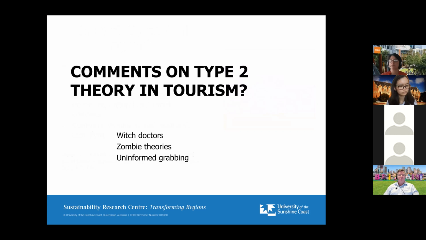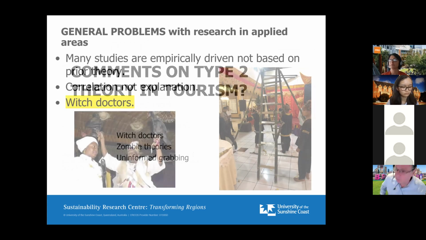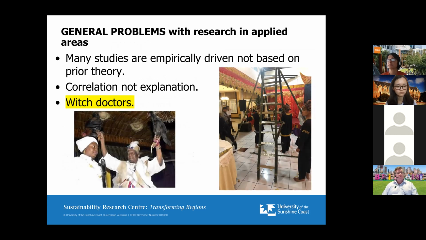Now, if we think about how most theory works, we can think about three problems. Firstly, many studies are empirically driven and not based on prior theory. Still, most of our theories are like that. So it's about correlation and not explanation. Sometimes people try and say that they have an explanation based on correlation, which is wrong.